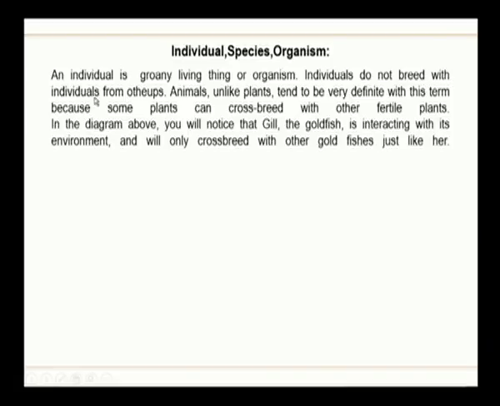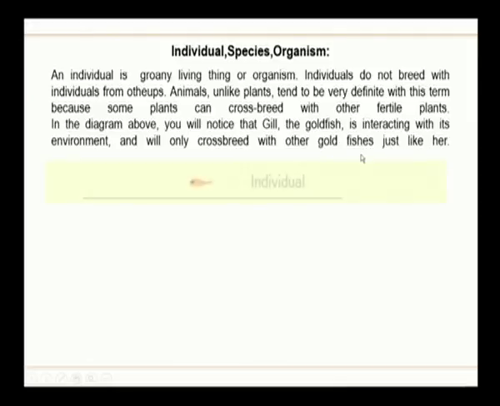Individuals do not breed with individuals from other groups. Animals, unlike plants, tend to be very definite with this term because some plants can crossbreed with other fertile plants. In the diagram above, you will notice that Jill, the goldfish, is interacting with its environment and only crossbreeds with other goldfish just like her.